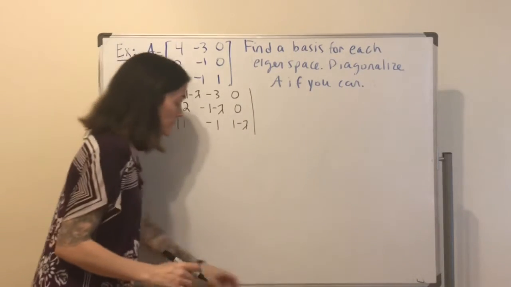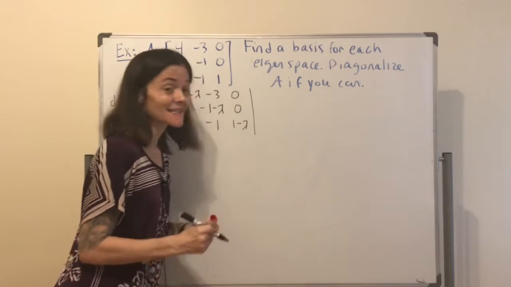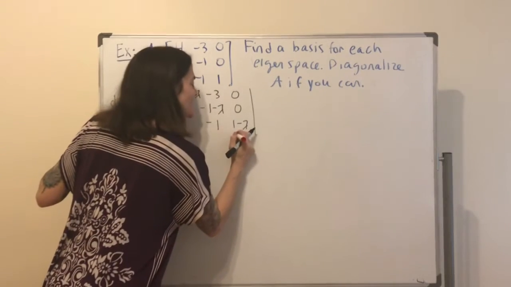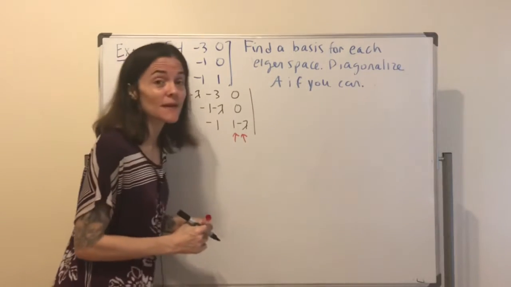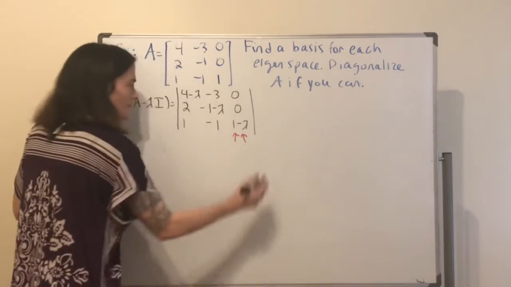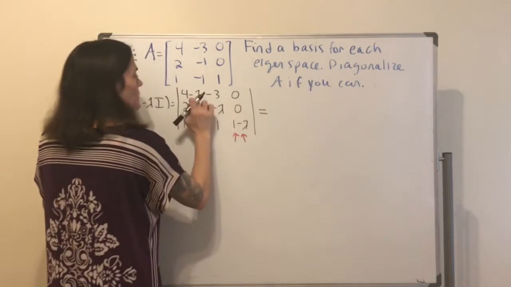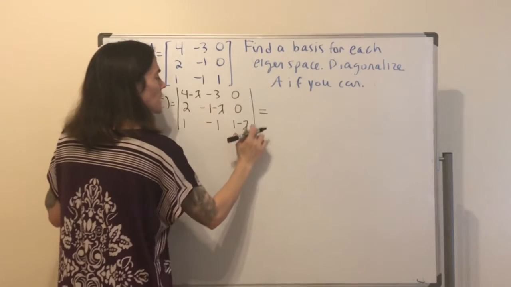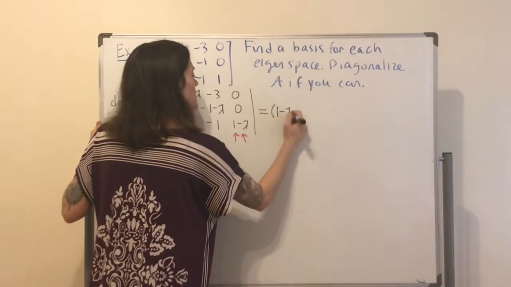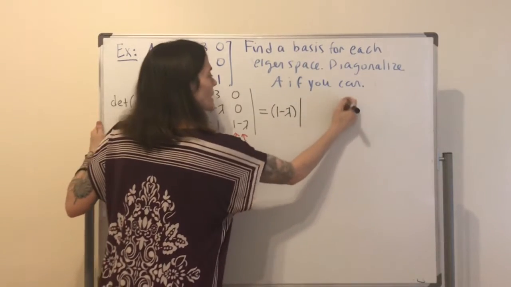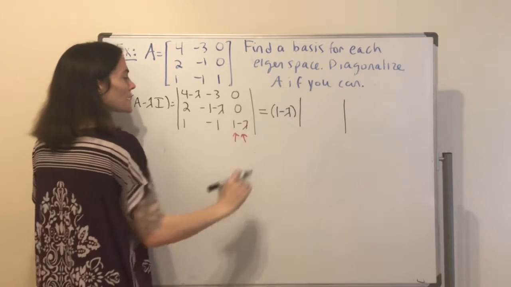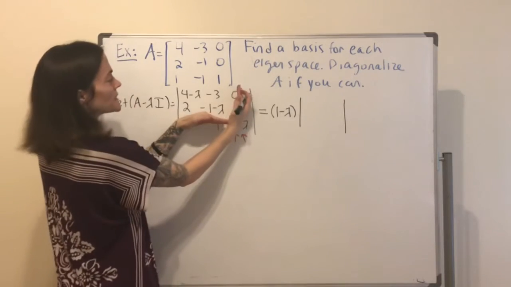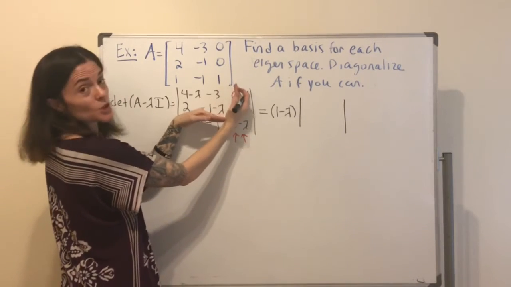It's very nice to have lots of zeros. And here we see this column has 2 zeros. This is what I will expand about. Plus, minus, plus, minus, plus. So this will be 1 minus lambda, and then this 2 by 2 determinant, where I cross off this column and the bottom row. I'm left here with just this 2 by 2.